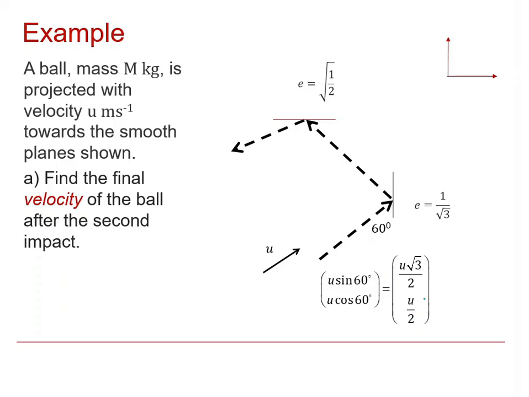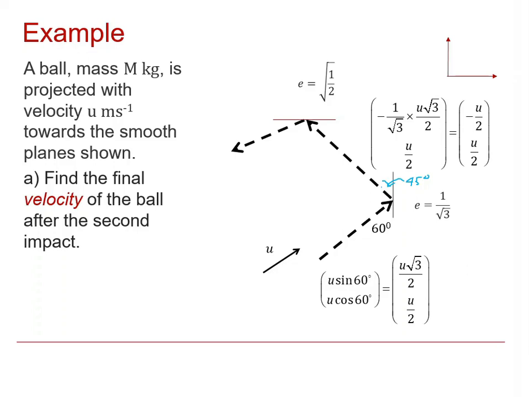When we apply the two principles of conservation of the momentum component along the wall and restitution perpendicular to the wall, we'll get a new pair of velocities like that. It's the first one that's multiplied by the coefficient of restitution and the second one that's unchanged. That's simplified, and you'll note that these two components actually have the same magnitude, and that would imply that this angle here is 45 degrees. That's not strictly relevant to the calculations, but an interesting observation.